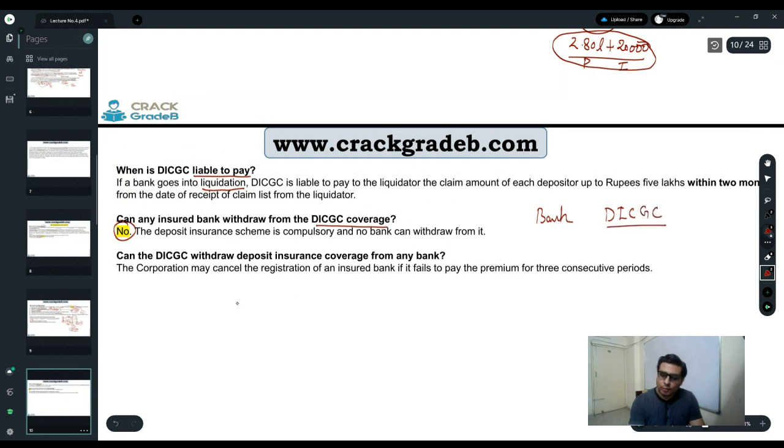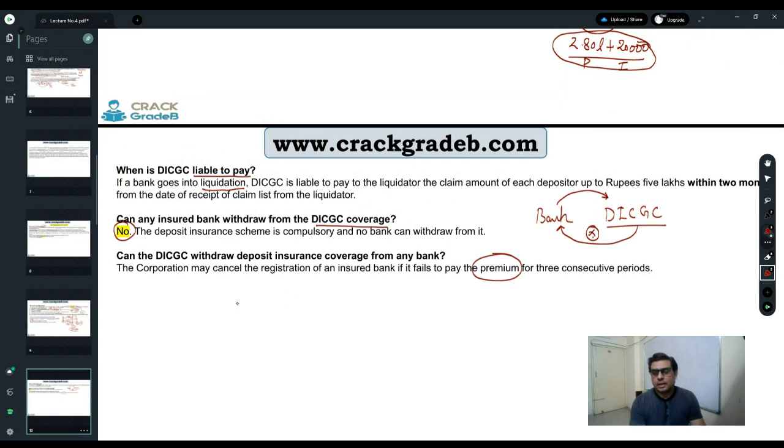So what cover is DICGC giving you? The bank does not have this option. But if the bank is going to be liquidated, or the bank is having trouble and is not paying the premium, in that case DICGC can withdraw the cover.